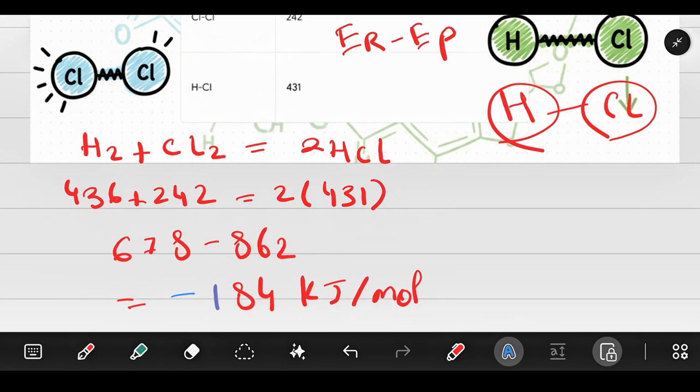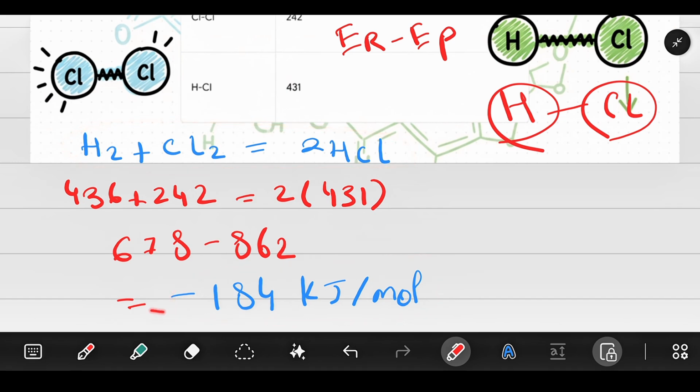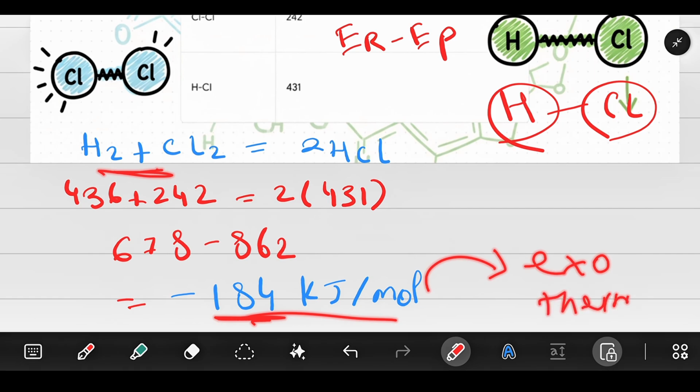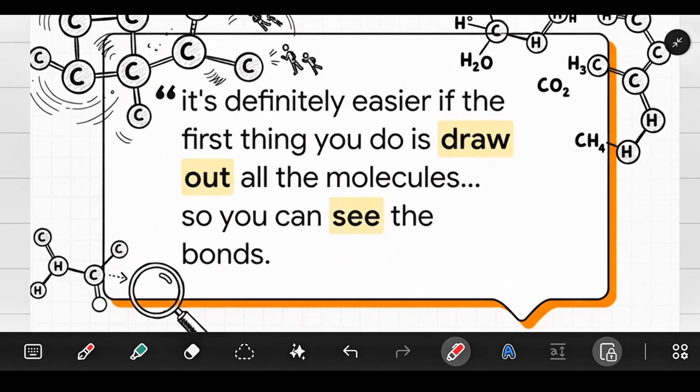Now, this negative value will indicate to me that the overall reaction is an exothermic reaction, because the enthalpy change is coming as a negative value, right? So what this basically means is the chemicals are losing 184 kilojoules per mole of energy to their surroundings, making it an exothermic process.